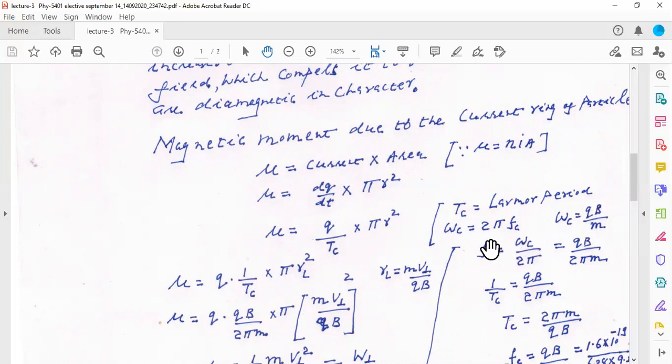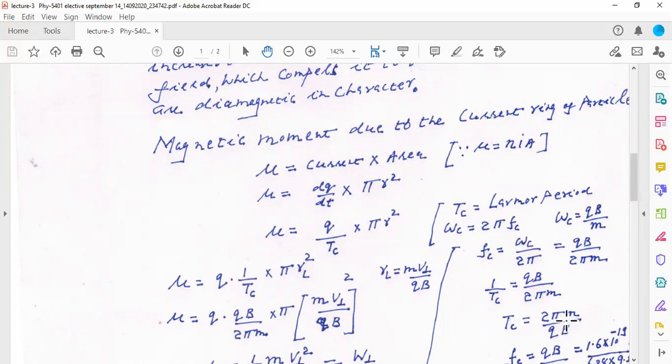So if you calculate fc, it is equal to qB upon 2 pi m. And if you take 1 upon Tc, the reciprocal of the Larmor period is equal to the Larmor frequency fc. So 1 upon Tc is equal to qB upon 2 pi m. So Tc, the Larmor period, is equal to 2 pi m divided by qB.